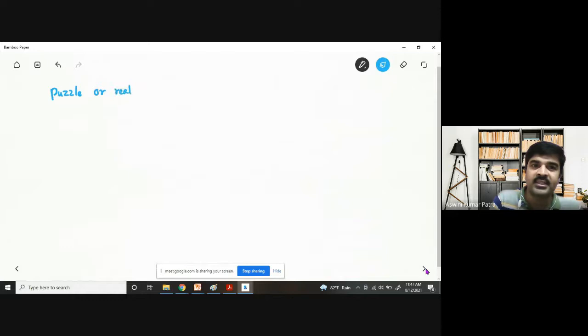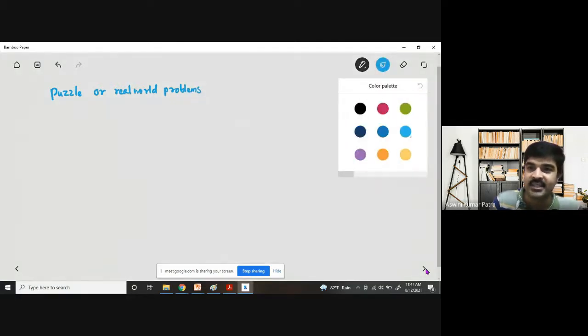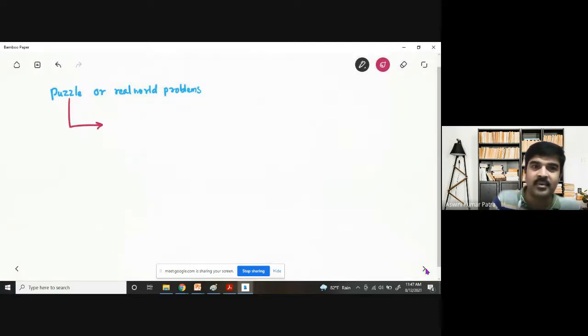Okay, these are the two effective ways, as researchers say. If we present this way by posing puzzles or by relating some real world problems, and we try to solve those problems with the application of mathematics, then we can really catch the imagination of the students, and in the process they will flourish in their daily life. Okay, so we can go by the puzzle way or relate the problem with a real world interesting problem.